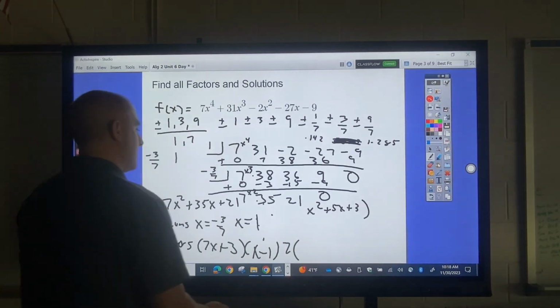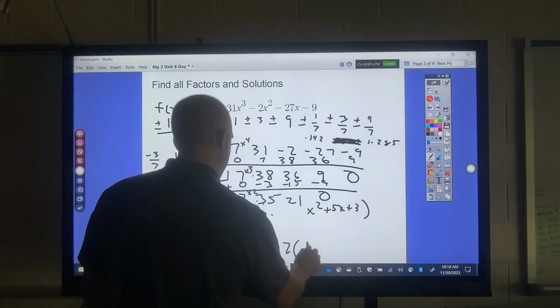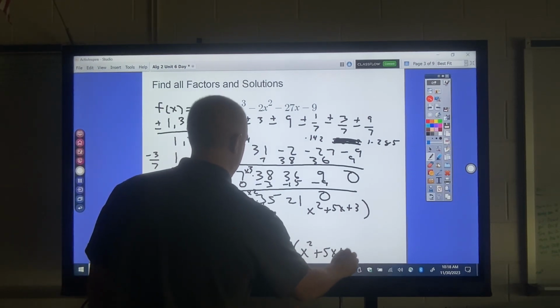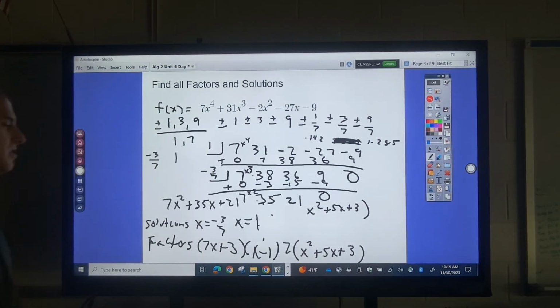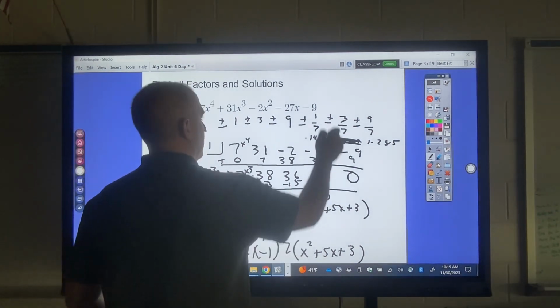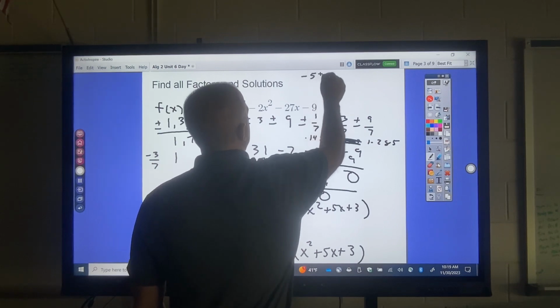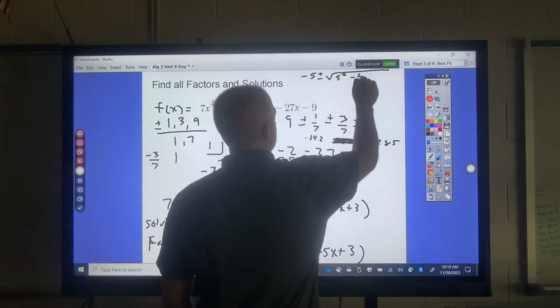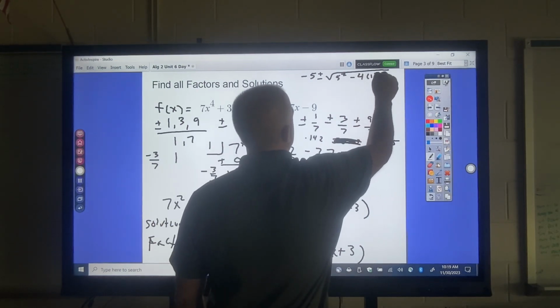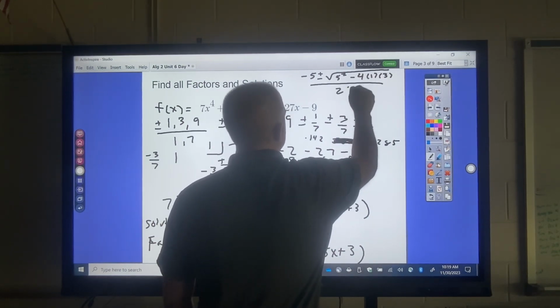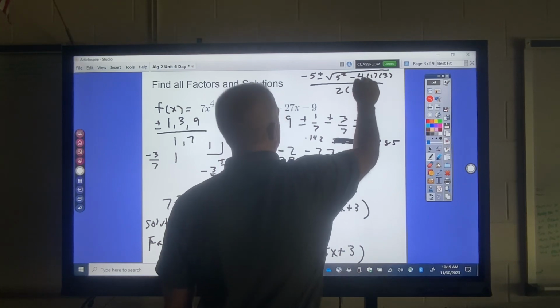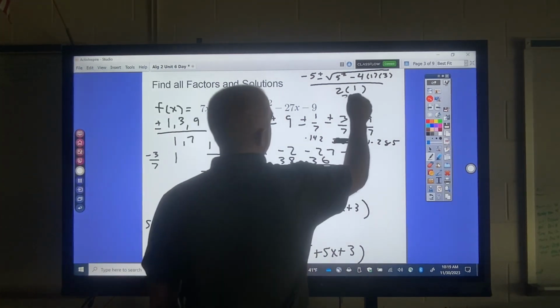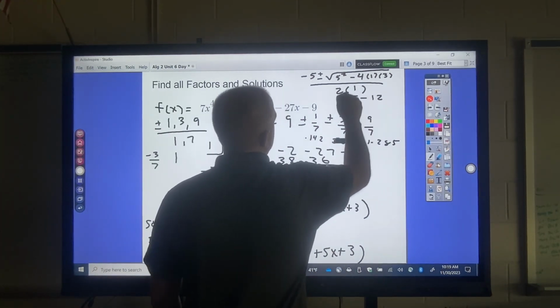Okay, and now that's going to be the other. You can leave that 7 in there. It doesn't really matter to me. So I'd have negative 5 plus or minus the square root of 5 squared minus 4 times 1 times 3, all over 2 times 1. So that's 25 minus 12.